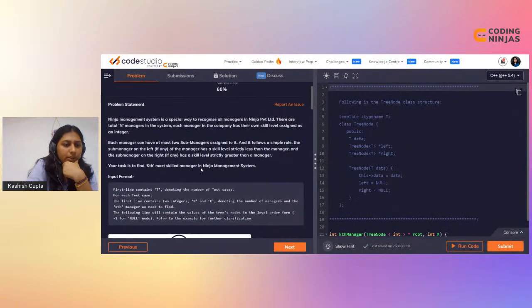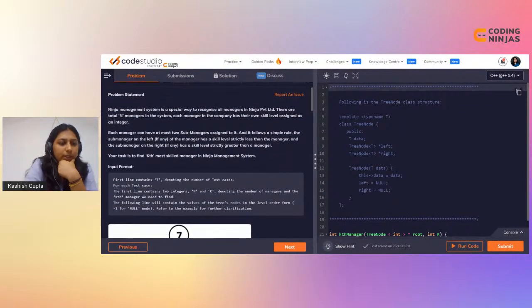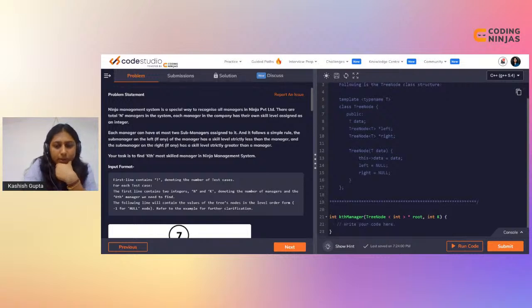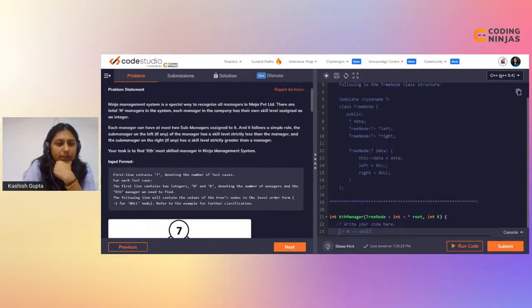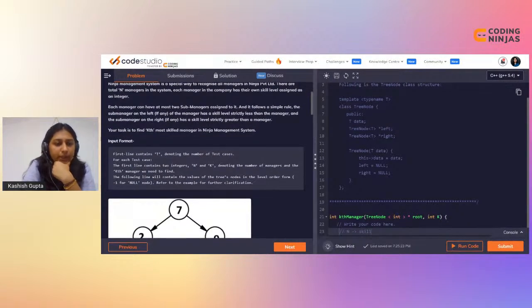So the problem statement is: Ninja management system is a special way to recognize all managers in Ninja Private Limited. There are N managers. Each manager in the company has their own skill assigned as an integer. Each manager can have at most two sub managers, and it follows a simple rule.